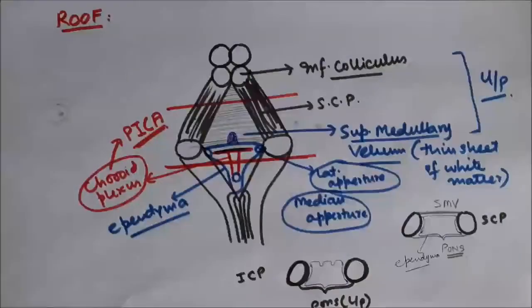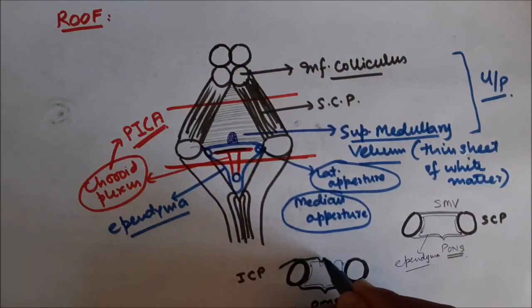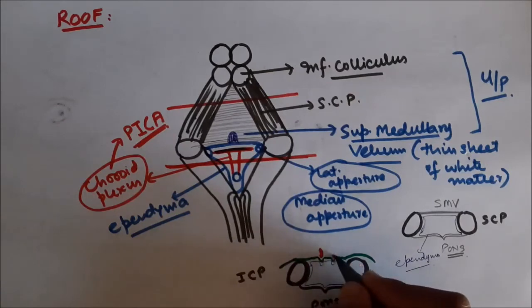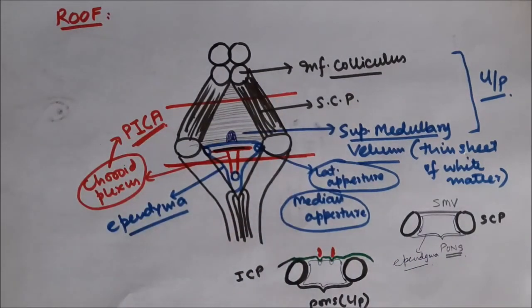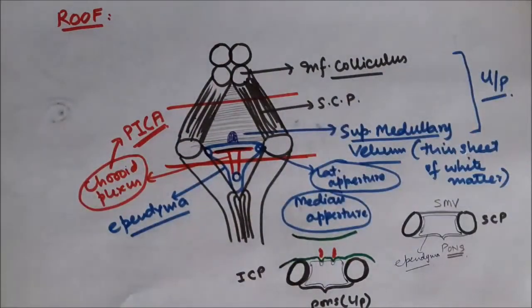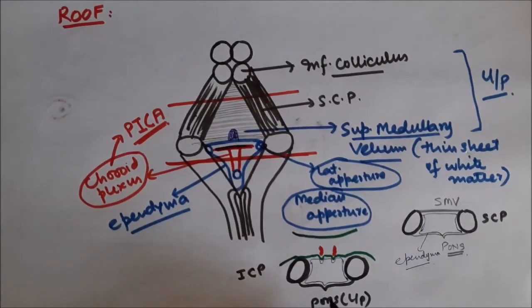That means ependyma lining will come in contact with the pia mater. So this is pia mater, and together they will form Tela Choroidae, which contains choroid plexus. So these are two limbs of the choroid plexus, and above it there is the pia mater which lines the cerebellum, okay, the lingula of cerebellum. So this is the section passing through the lower part of pons.